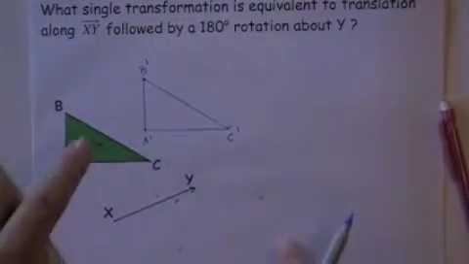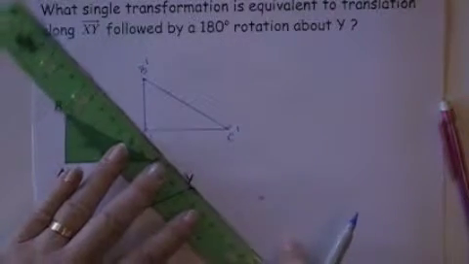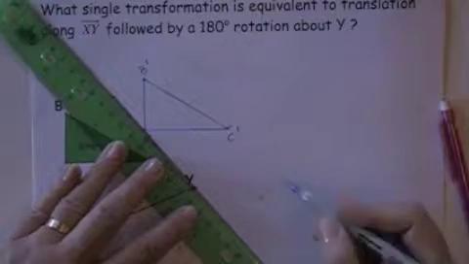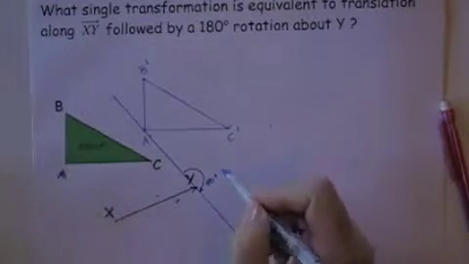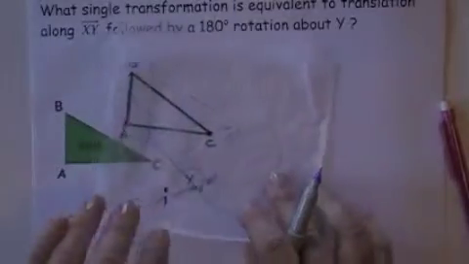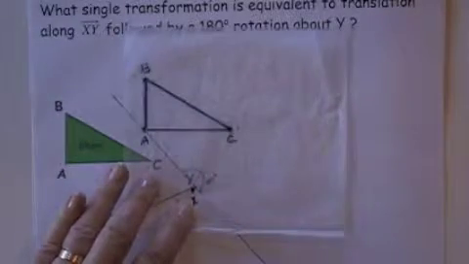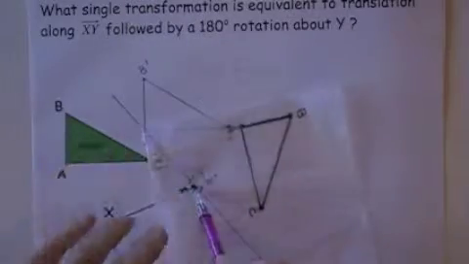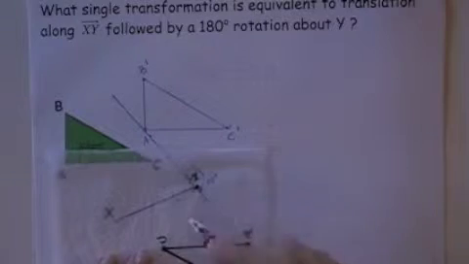And now I need to rotate this triangle 180 degrees. So I'll draw a ray from Y through one of those vertices. And I think I'll extend it this way too, because that right there is a 180-degree angle. So again, with the tracing paper, I'm going to keep my eye on this point A, and now I'm going to hold the tracing paper down at Y, and I'm going to rotate that triangle until point A has traveled 180 degrees.